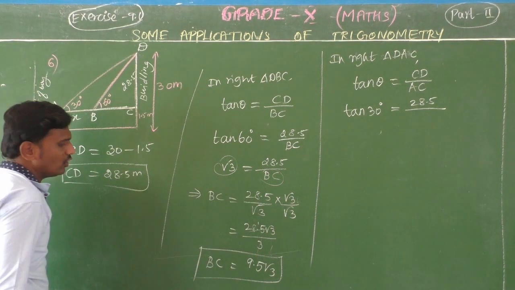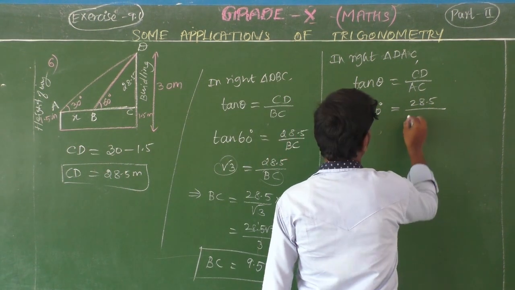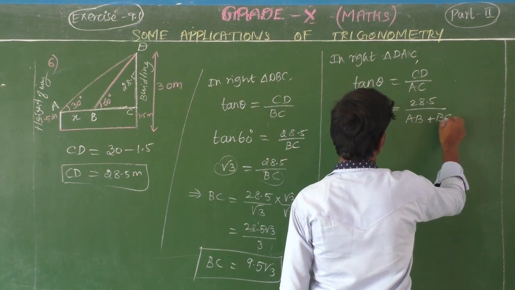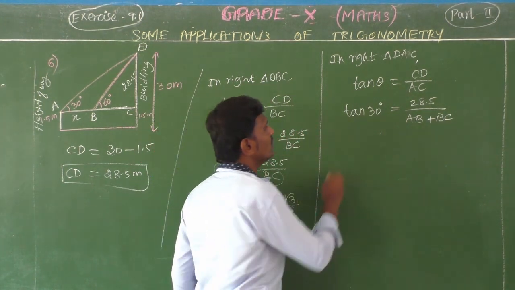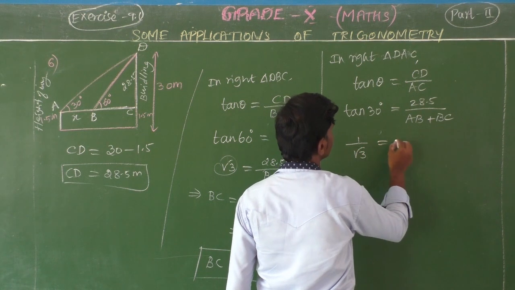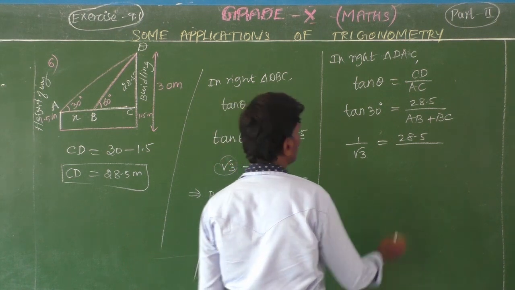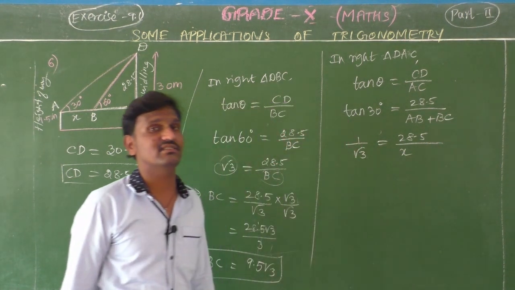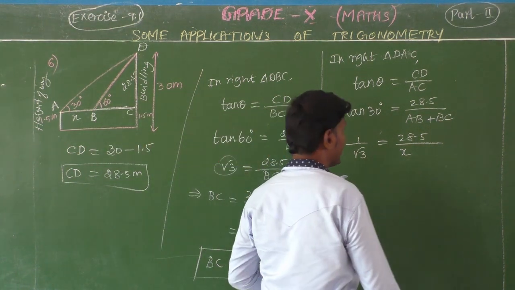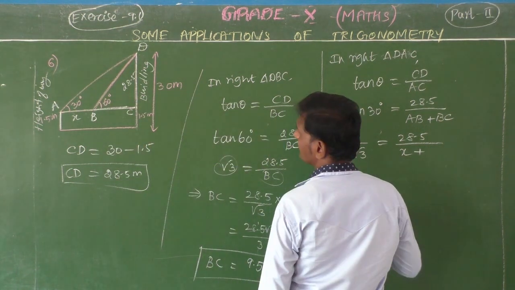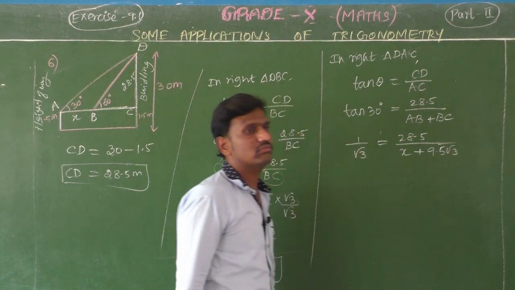Now we find the value of BC, or otherwise one more step: AB plus BC. Do you know the value of tan 30 is 1 by root 3? So 1 by root 3 is equal to 28.5 divided by AB plus BC, and we are going to find X, the distance walked by the boy. Now X plus BC, whose value is 9.5 root 3.